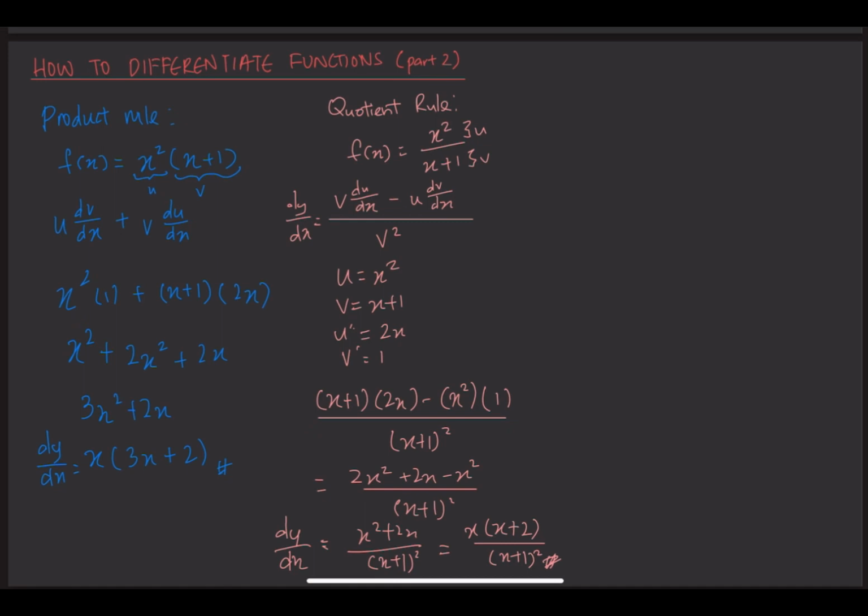Now, moving on to the last one for this video, and that is the chain rule. We use the chain rule when we want to differentiate a function where there is an underlying function within itself.